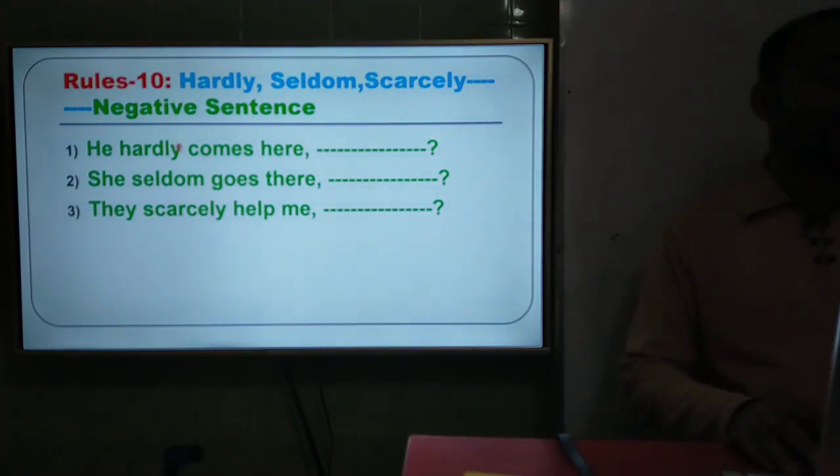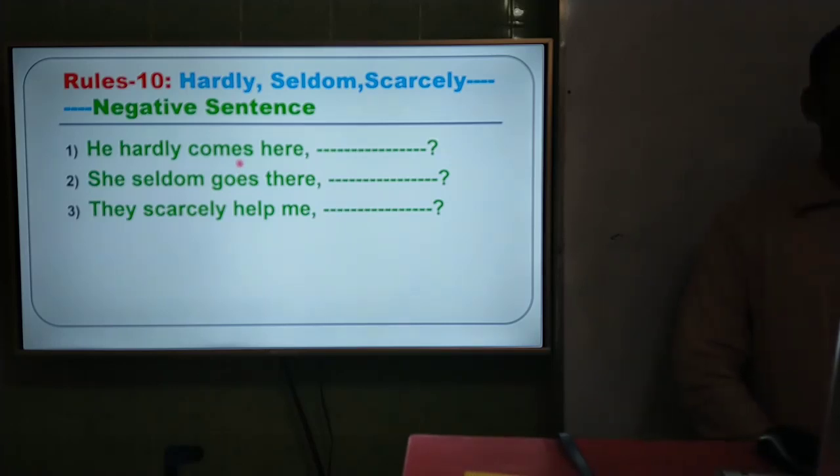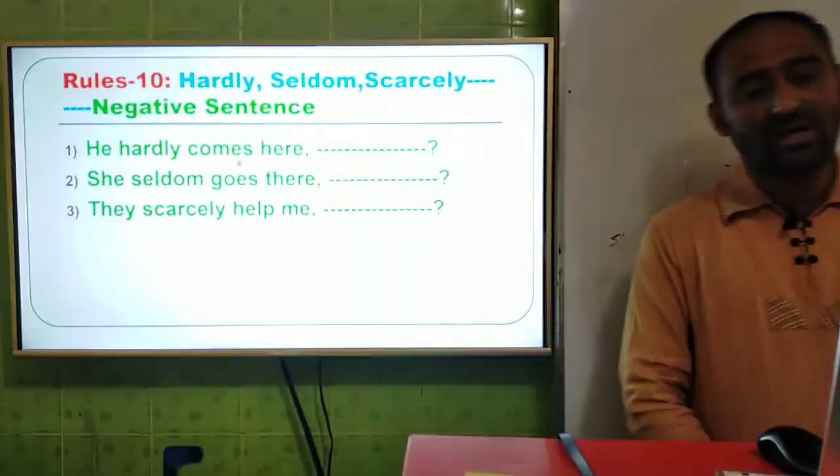And this rule is, if we get words like hardly, seldom, scarcely, these kinds of negative words in any sentence, the sentence will be negative, so the tag question will be affirmative. In this first question, "He hardly comes here," there is no operator, so according to our rules, we have to use do, does or did.